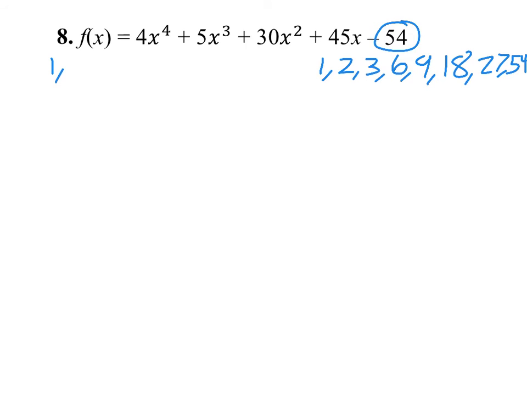Factors of 4 are 1, 2, and 4. Right, so the list would be plus or minus 1, plus or minus 2, plus or minus 3. So everything on the right gets divided by 1.